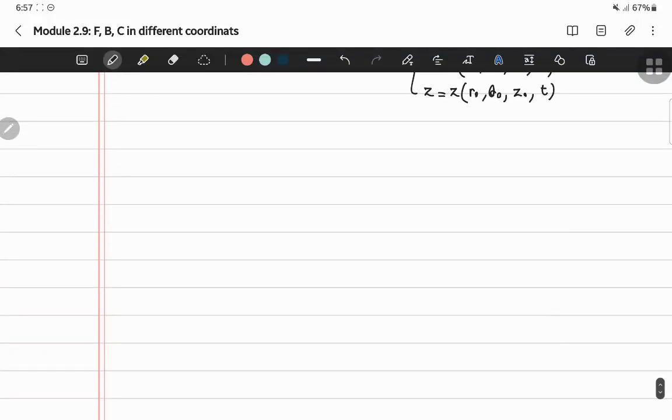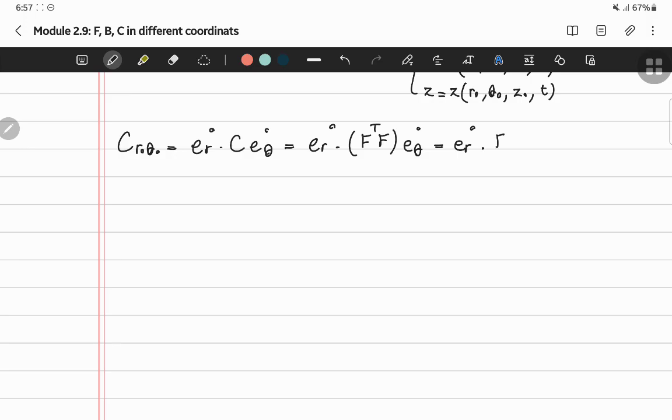So if you want to calculate, for example, C R0 theta 0 here, the book used 0, 0 in here to show that we are deriving this component C R theta with respect to the reference configuration. So this is equal to ER0 dot C E theta 0, where C is F transpose F, which is equal to ER0 dot F transpose F E theta 0.